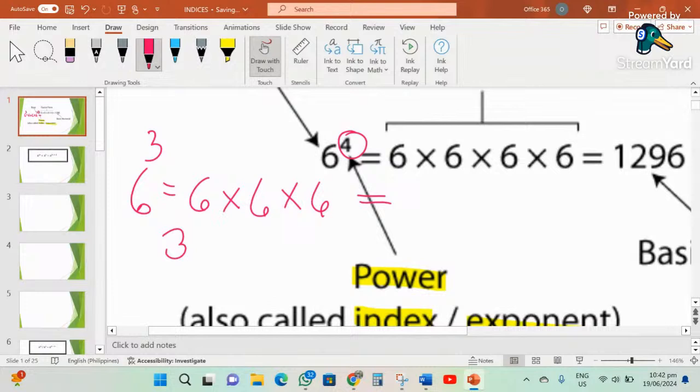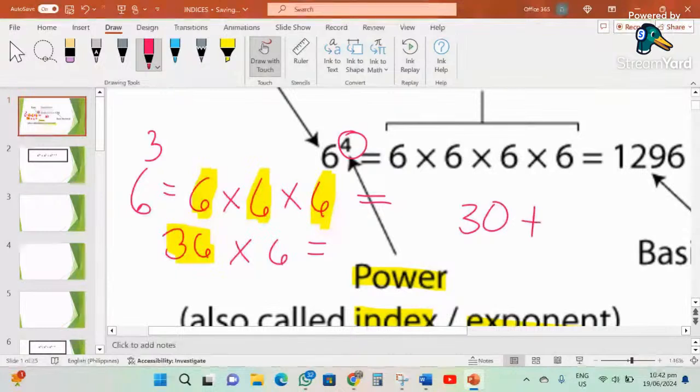So 36 times 6, because 6 times 6 gives you 36, and the result will be multiplied by 6 again. For quick or mental maths, you can break the 36 into 30 and 6, right?